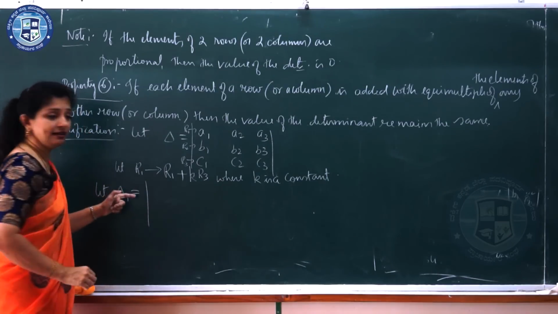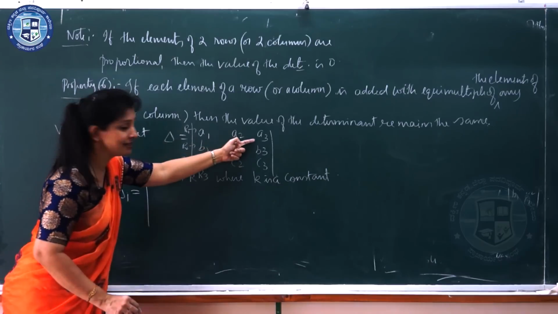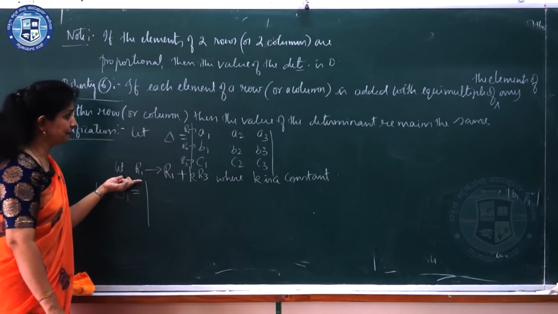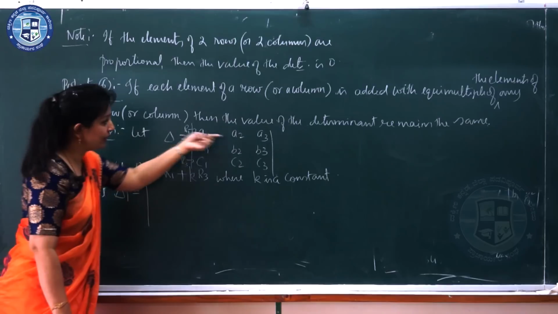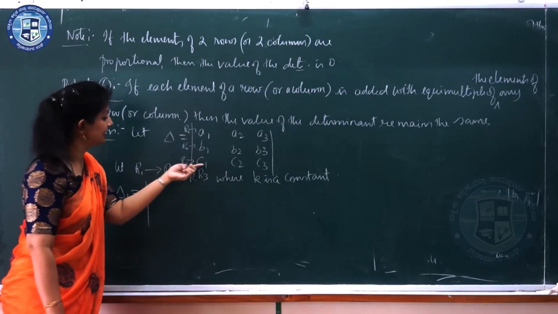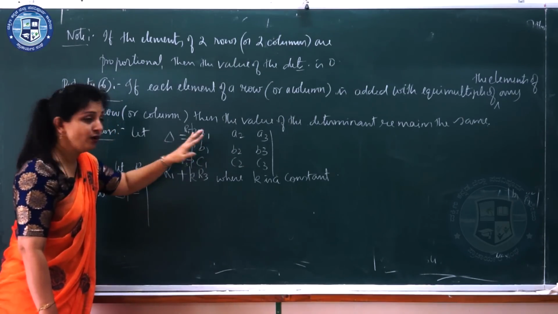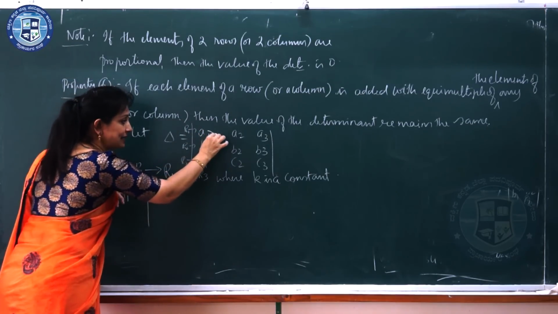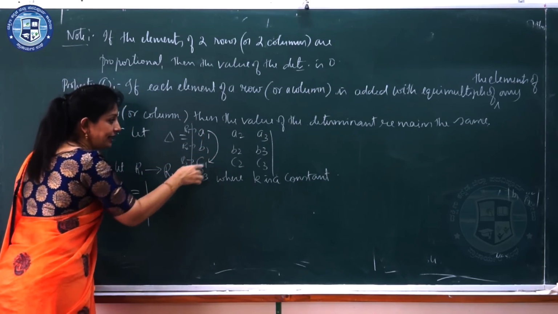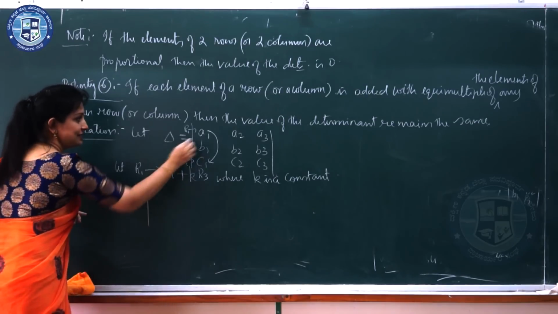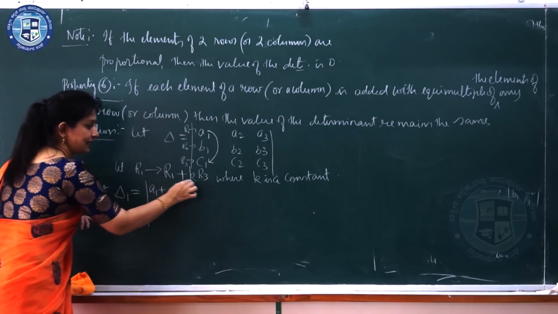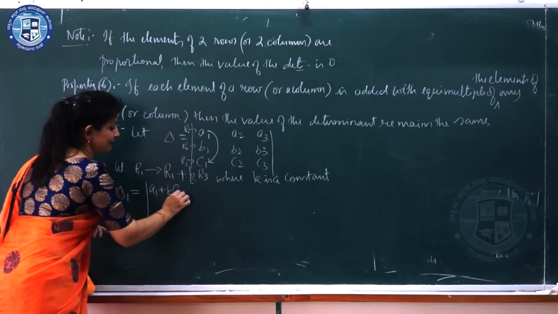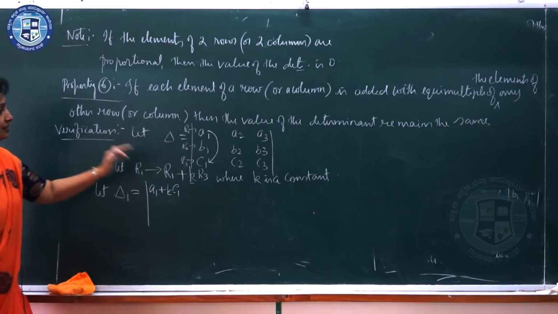How do we get delta 1? Only the first row elements are changed; the second and third row elements remain the same. R1 changes to R1 plus k times R3. The first element is A1 plus k times the corresponding element of R3, which is C1: A1 plus k C1.